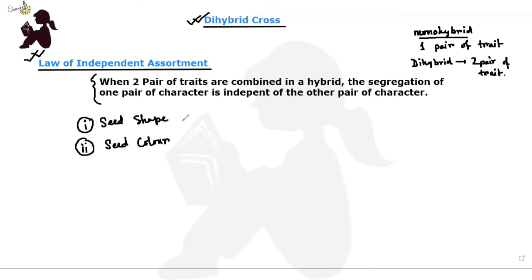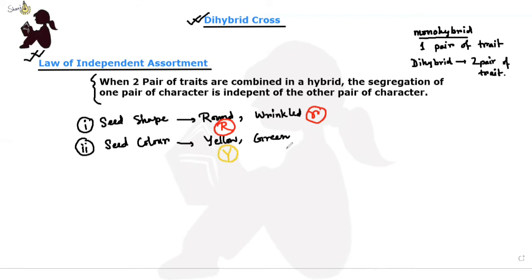The seed shape was round or wrinkled, and the seed color was yellow or green. He represented round as capital R and wrinkled as small r, because capital R is dominant and the wrinkled character, small r, is recessive. And yellow is capital Y and green is small y, because capital Y means yellow is dominant.